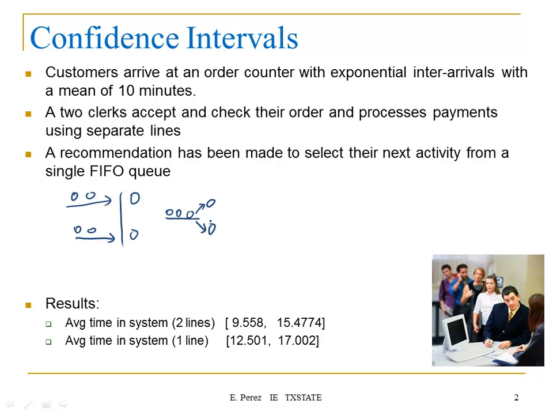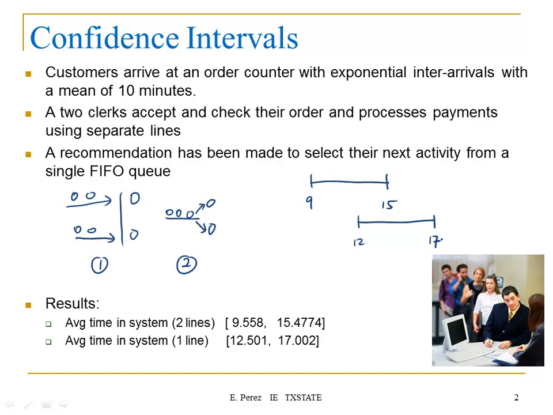And for the second system, we found that the bounds were a little bit higher, from 12 to 17 minutes. So what I'm trying to show you here is, this is our first system, this is our second system. For the first system, we had this, 9 to 15. And for the second system, we had something like this, 12, 17. So this is what we found initially.